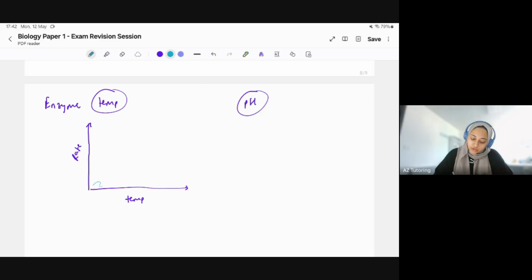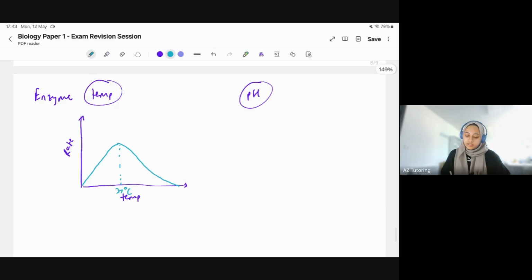So at first, when you increase the temperature, the rate of breaking down the molecules into smaller molecules increases, and then it gets to a point where it just drops. So it increases, and then it drops at a particular point. And that particular point is after 37 degrees Celsius. So make sure you remember that sweet spot, 37 degrees Celsius, which is what our body works at.